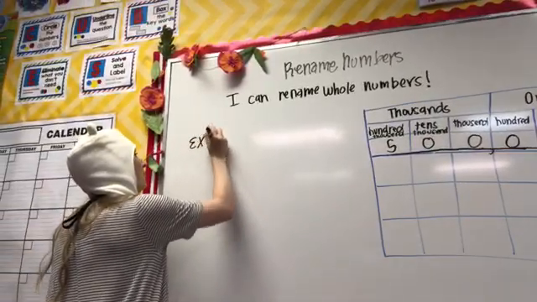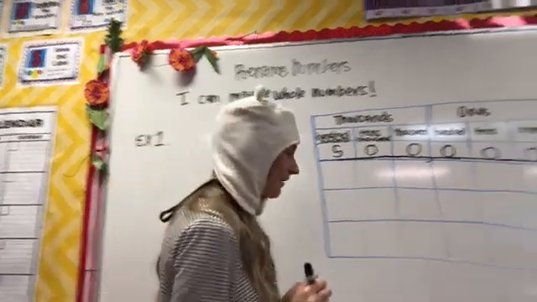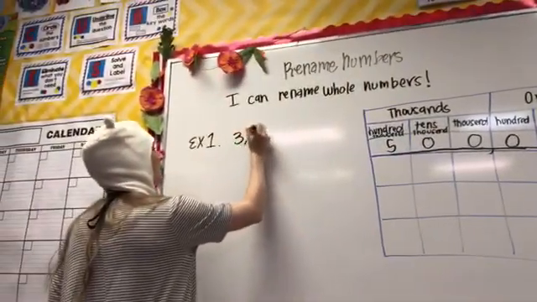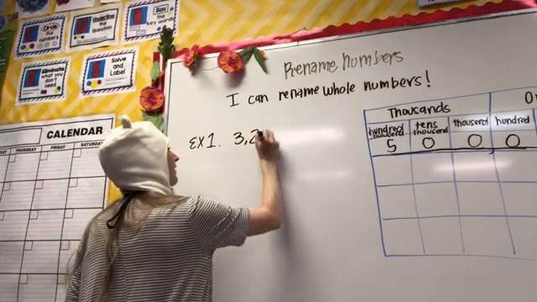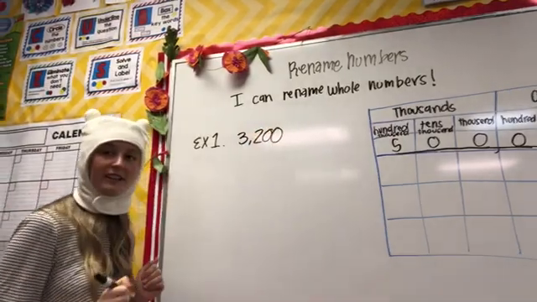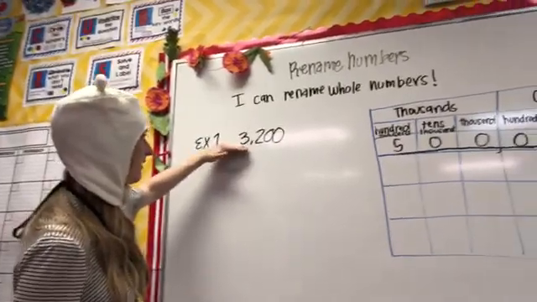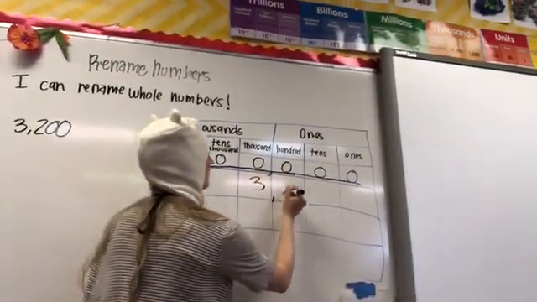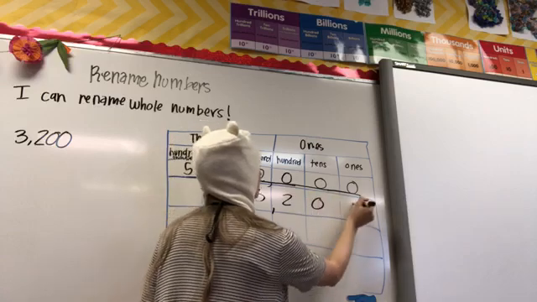Example number 1. All right, if we had the number 3,200, okay? Everyone see 3,000, it's in the thousands place. Let's put it up here. 3,200.